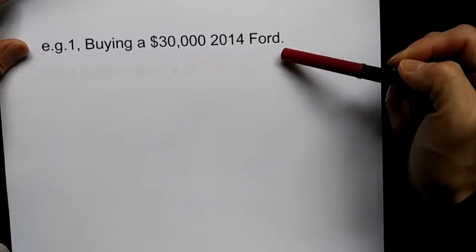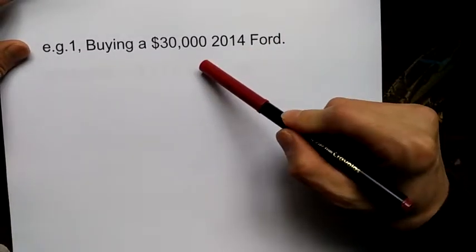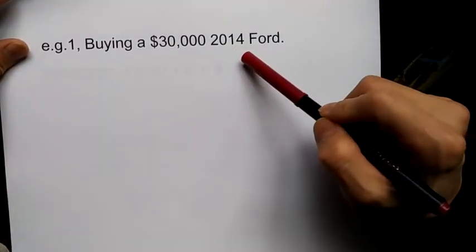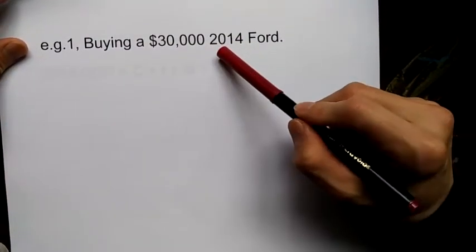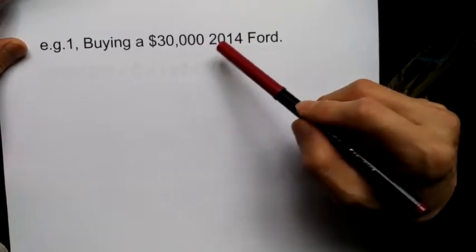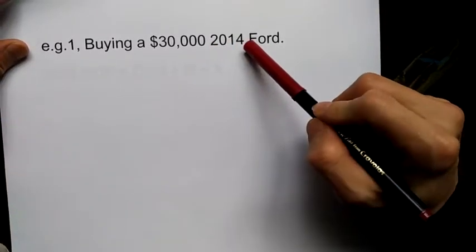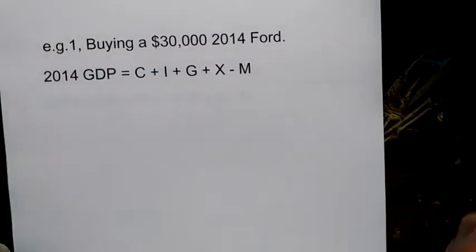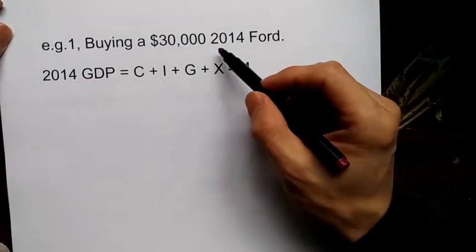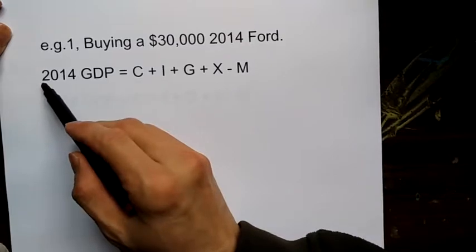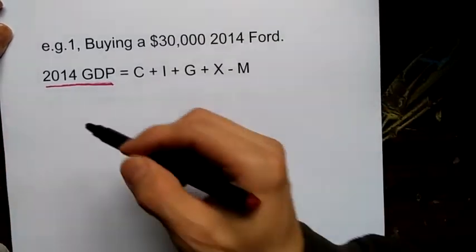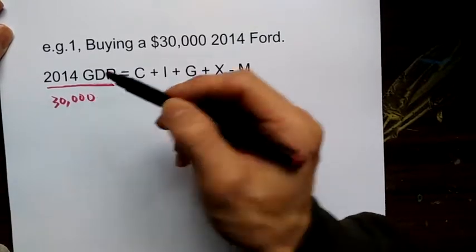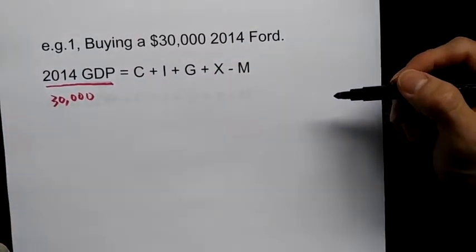Which year is it included? The answer is 2014, because it is produced in 2014, no matter when it is sold. Okay? So remember, it should be included in 2014 GDP. Therefore, 2014 GDP should include $30,000.